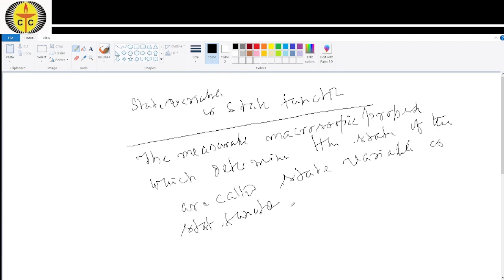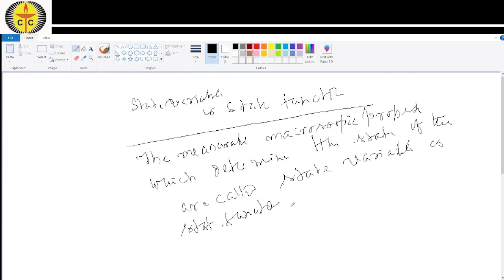To specify the state, we determine the values of the thermodynamic variables. As I have told already, we have to mention the minimum values of macroscopic properties which are sufficient to determine the state of the system, because the values of the rest of the macroscopic properties are automatically kept fixed.